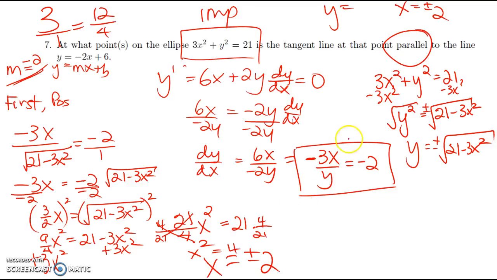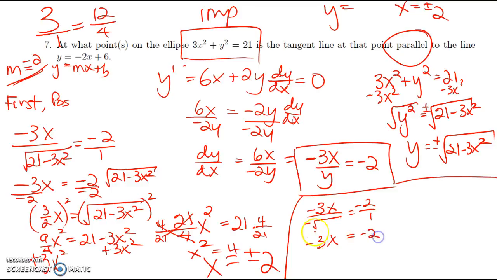I should have left myself more room. So, if I try the negative, notice something. Negative 3x over the negative of this radical equals negative 2. We'll cross multiply. Negative 3x equals negative 2 times the negative radical, which is the positive 2 radical, isn't it?